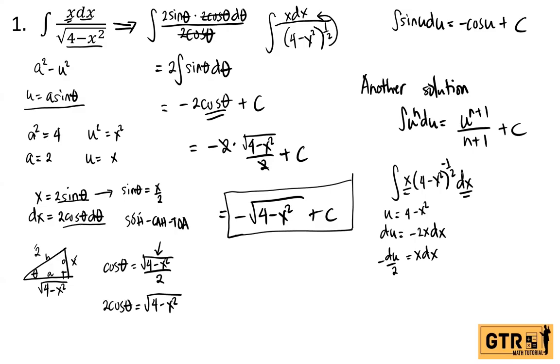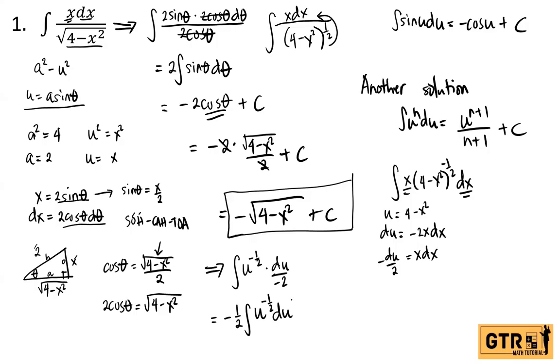Okay, so by simple substitution, this integral will become integral of, we have 4 minus x squared, that is u. So therefore, we have u raised to negative 1/2. And then x dx is times du over negative 2. So therefore, that is now equal to negative 1/2 integral of u to the negative 1/2 du.